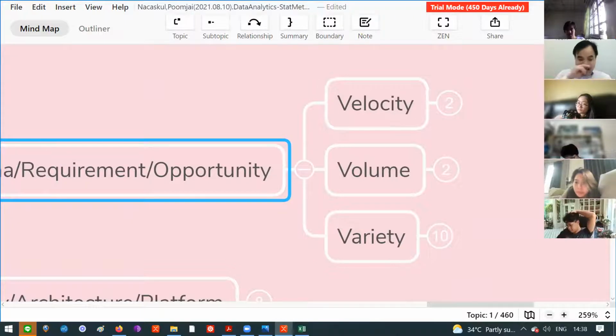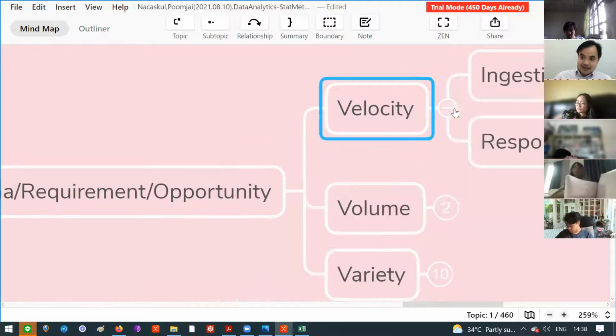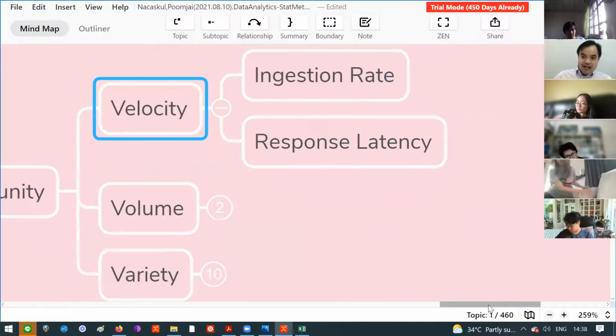Nowadays we have 5 V's, 7 V's, but as far as I'm concerned, there are only 3 V's that we need to worry about. One is velocity. Velocity means data comes to you fast. Not only does it come to you fast, you need to respond to it fast. In other words, there's the ingestion rate.